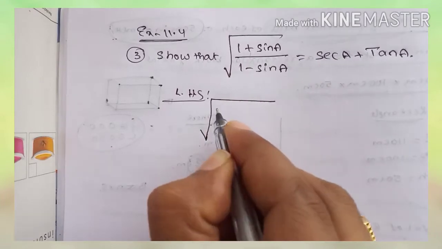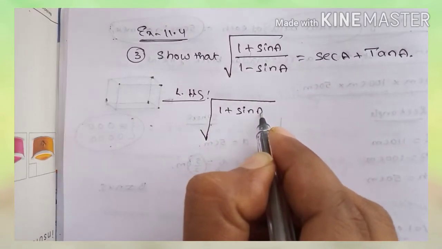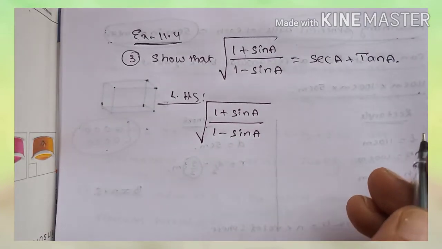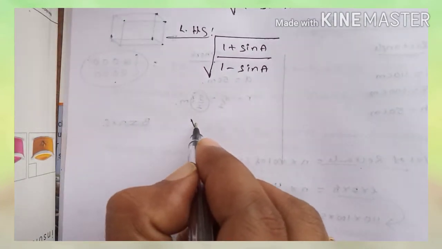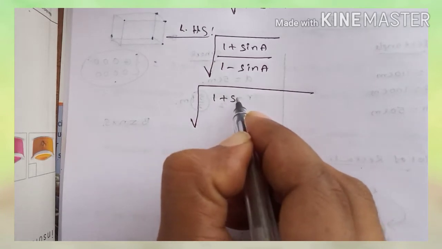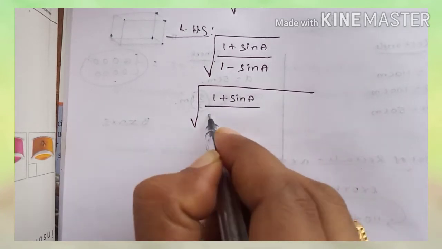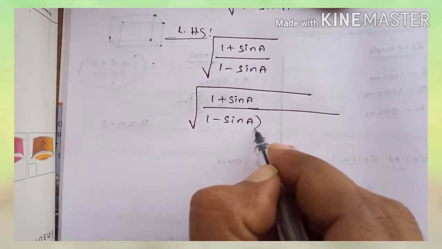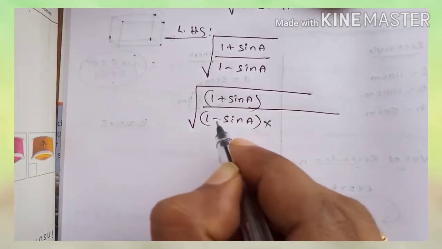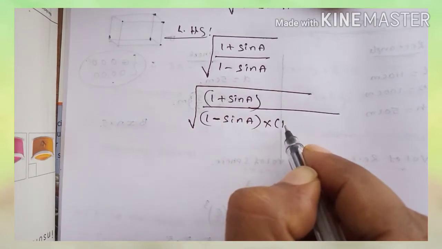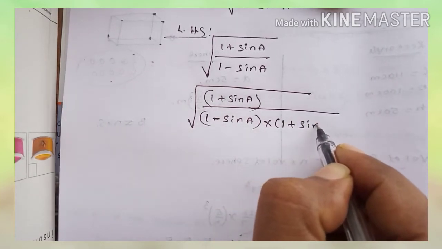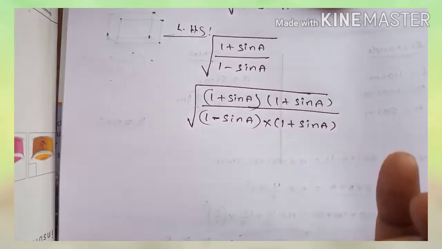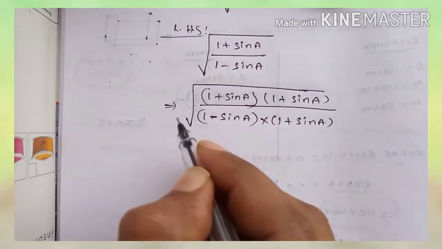What is the LHS? (1 plus sin A) by (1 minus sin A) is given in the problem. We have to rationalize the denominator. For the given term you have to multiply with its rational factor. Here there is a minus, so you have to multiply with the plus: 1 plus sin A. Do you understand?